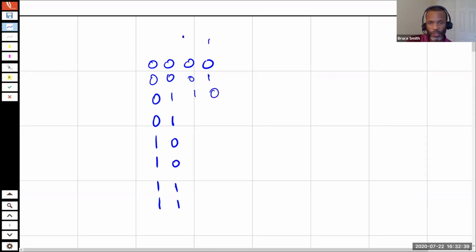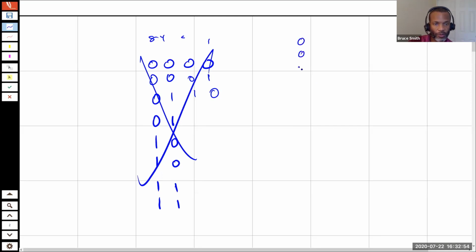Let's make sure I'm doing this right. 1, 2, 4, 8. Oh, I'm missing something. I only did 8 of these, and I need 16. So that's the mistake. So 1, 2, 3, 4, 5, 6, 7, 8. 1, 2, 3, 4, 5, 6, 7, 8. So I have 16 different values to work with.